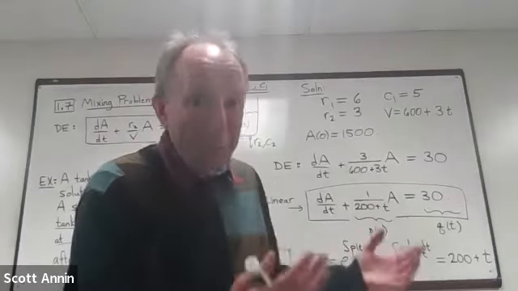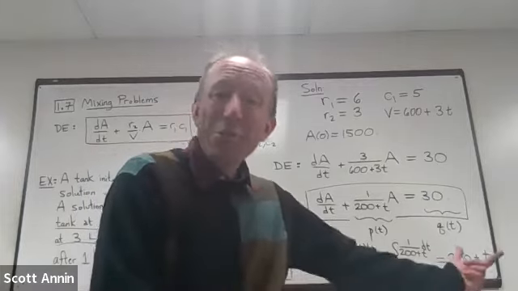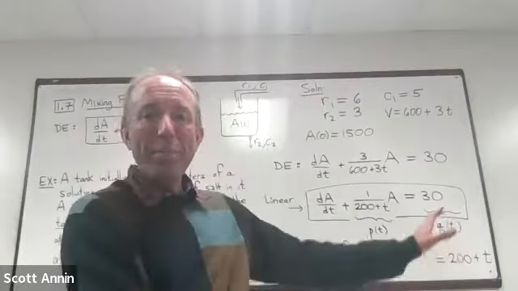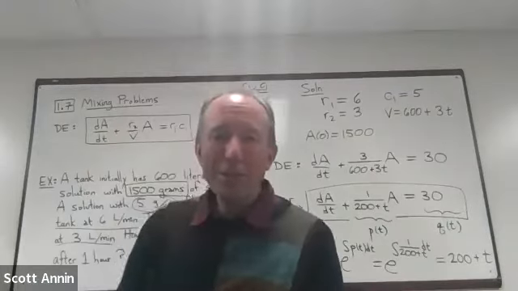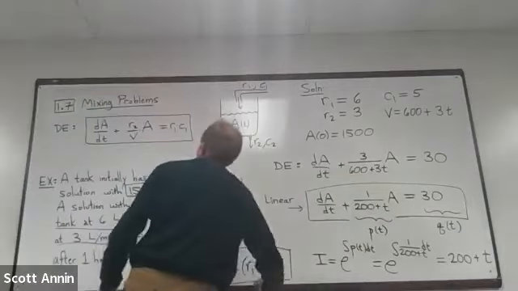However, this is a physical problem where t is going to be greater than 0 for sure. So 200 plus t doesn't really need absolute value bars because it has to be positive already. And so there's no need for us to do any more with that. Okay, great. So we have the integrating factor.